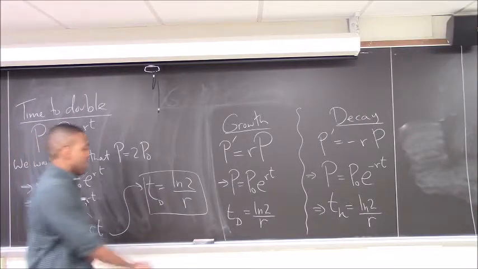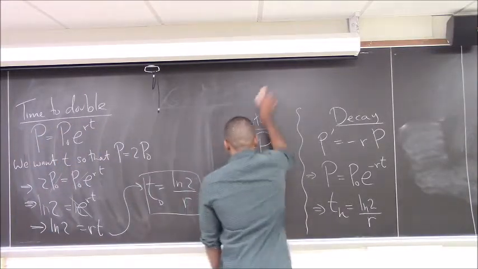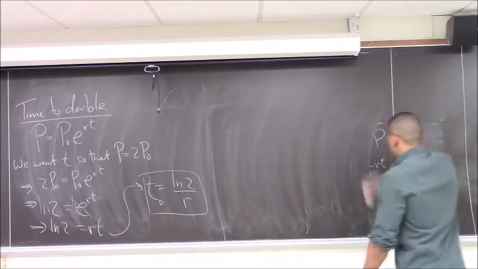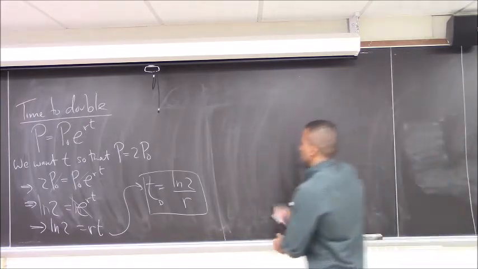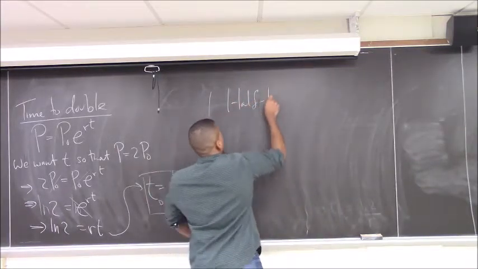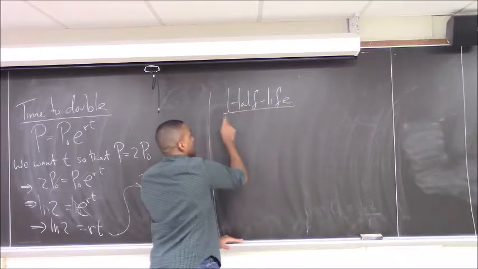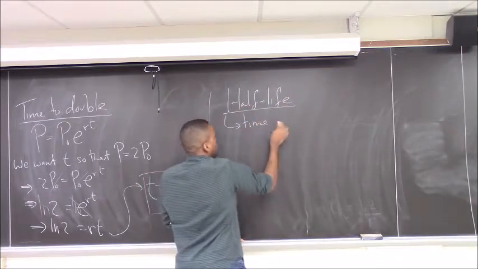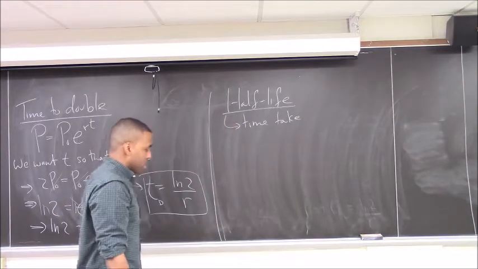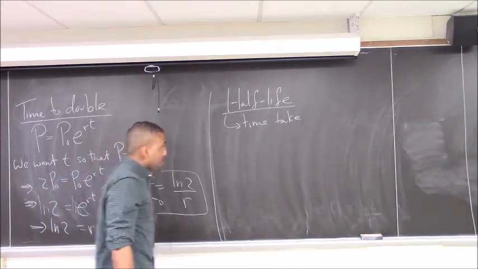If you look at the half-life, when something is decaying relative to its current size, half-life is the time taken to have half of what you started with. For those of you who did chemistry, half-life would be something that you hear about all the time.